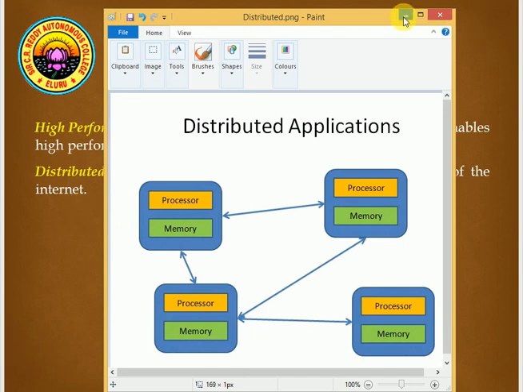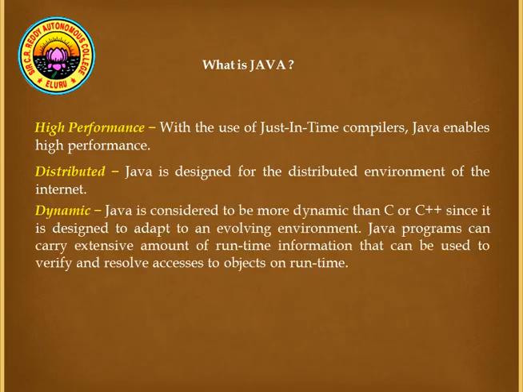So Java is distributed. Next, Java is dynamic. Yes, Java is considered to be more dynamic than C or C++, since it is designed to adapt to an evolving environment. Java programs can carry an extensive amount of runtime information that can be used to verify and resolve access to objects at runtime. This means dynamic nature and static nature, two kinds of concepts.